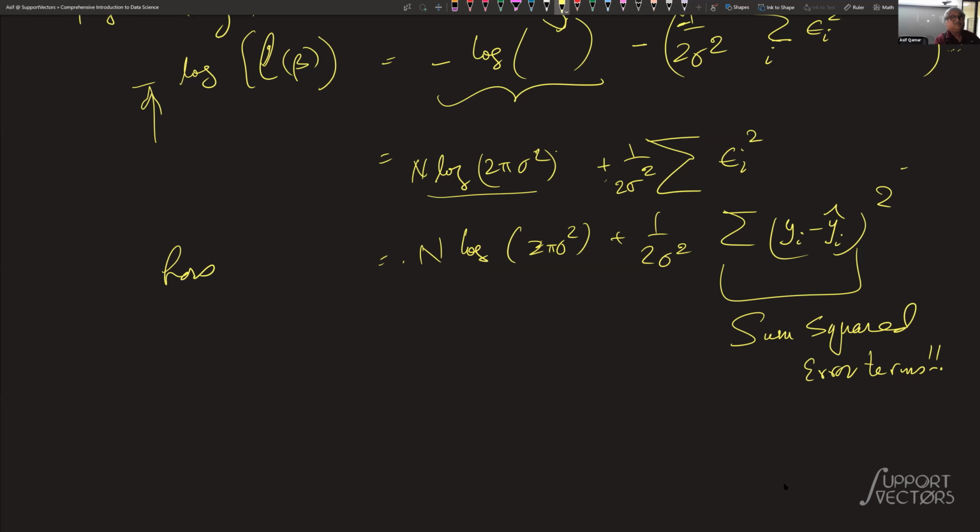You can ignore it. There is no way you can gradient descent on this, right? So this goes away. This is again a proportionality constant. And so the maximum likelihood estimation in the presence of a Gaussian error is nothing but this term.